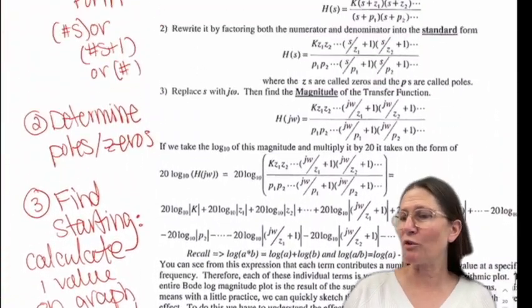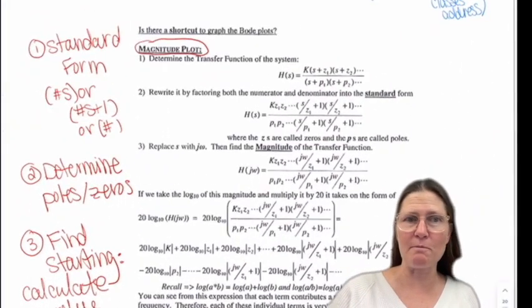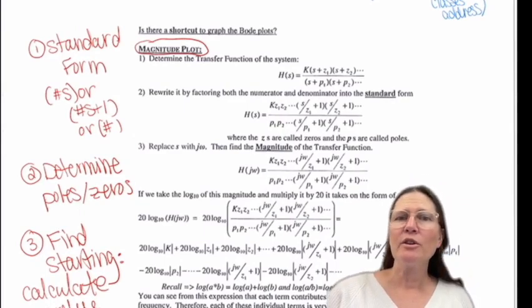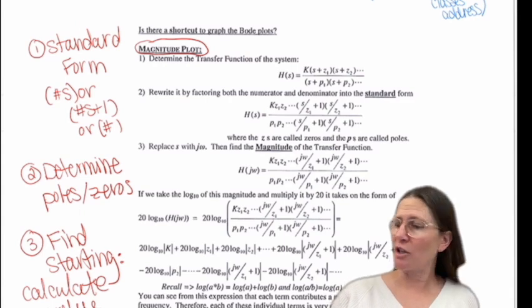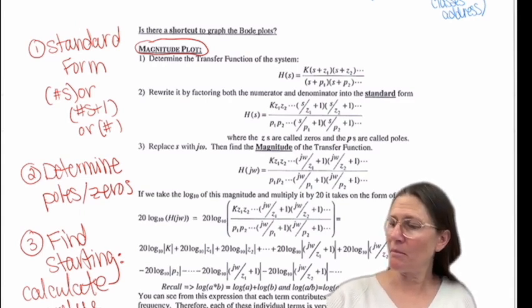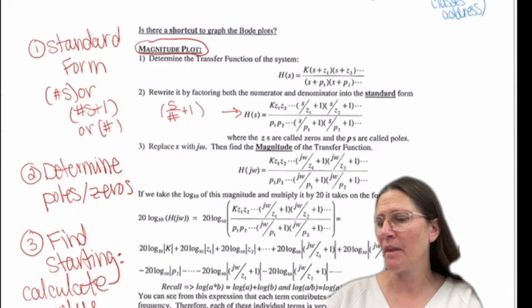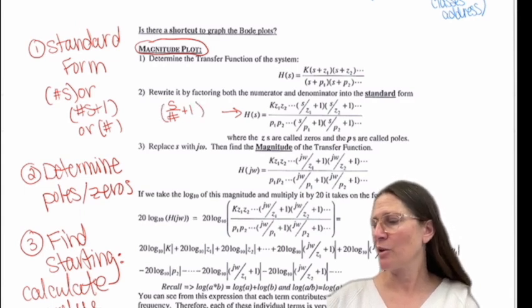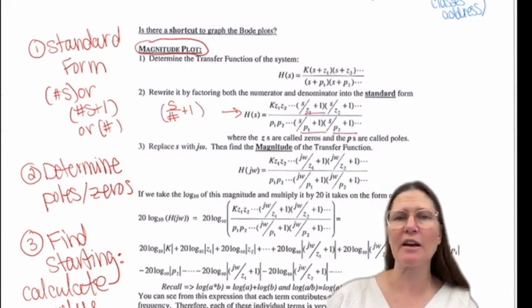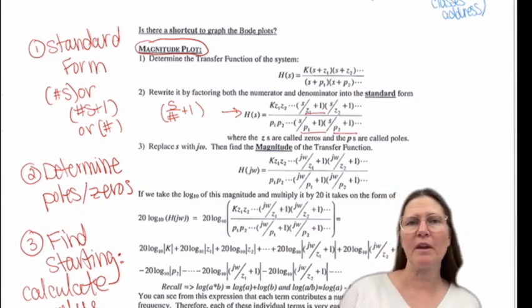All right, so the first step is to put it into standard form. So it's easier to put it into this one, which is S over the number plus 1. Each of these you can see is S over a number plus 1.